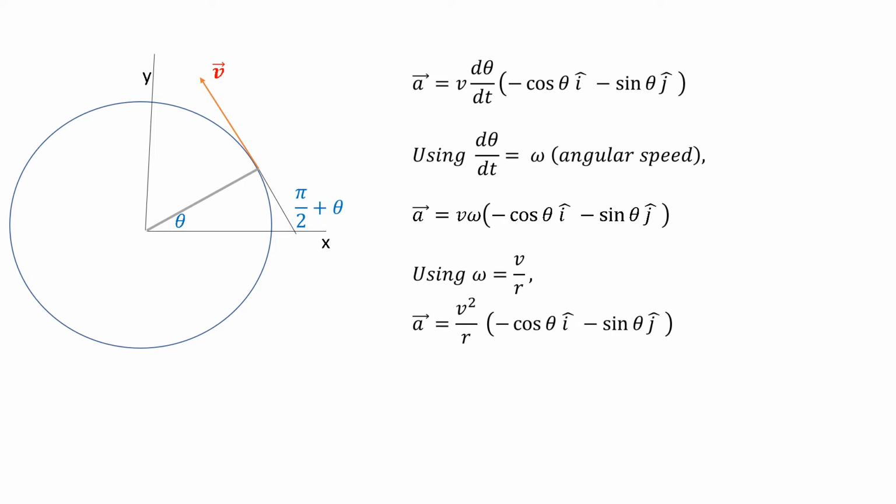d theta by dt equals omega, which is the angular speed. So a equals v into omega multiplied by whole of minus cos theta i minus sin theta j. We know that omega equals v by r. So a equals v square by r multiplied by whole of minus cos theta i minus sin theta j.